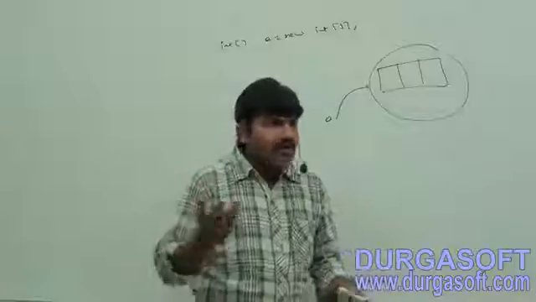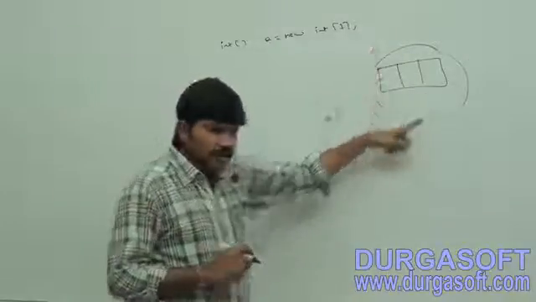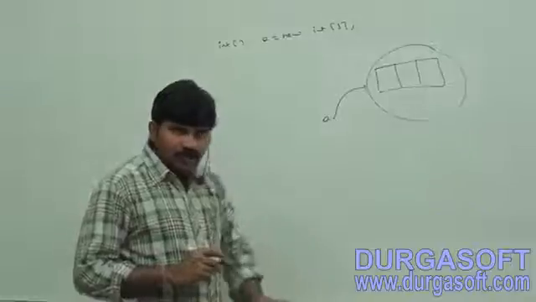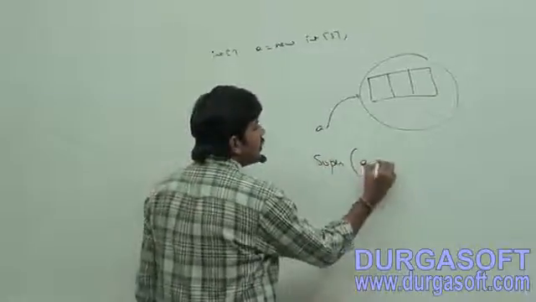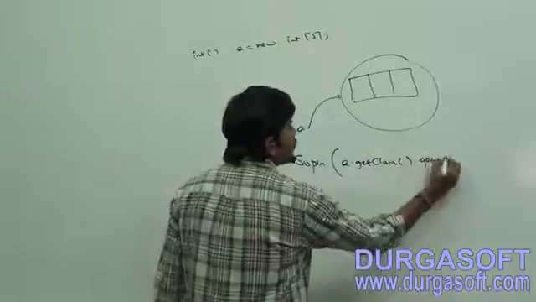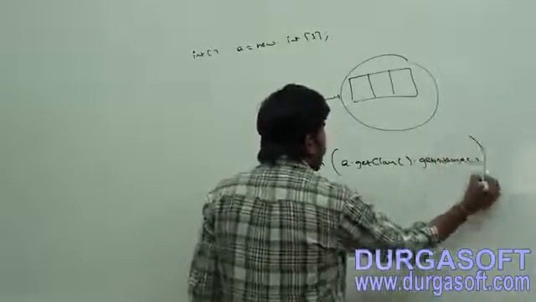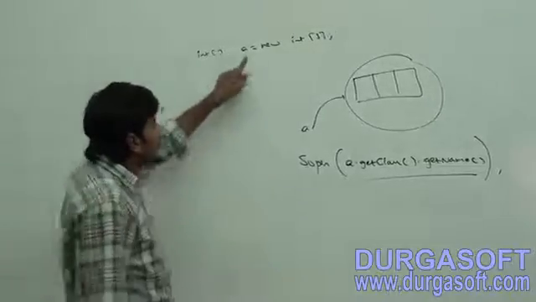How can I be aware? Simple. If you want to know the corresponding class name, I have the object reference. System.out.println A dot getClass dot getName. Happily, the corresponding class name we are going to get by default.